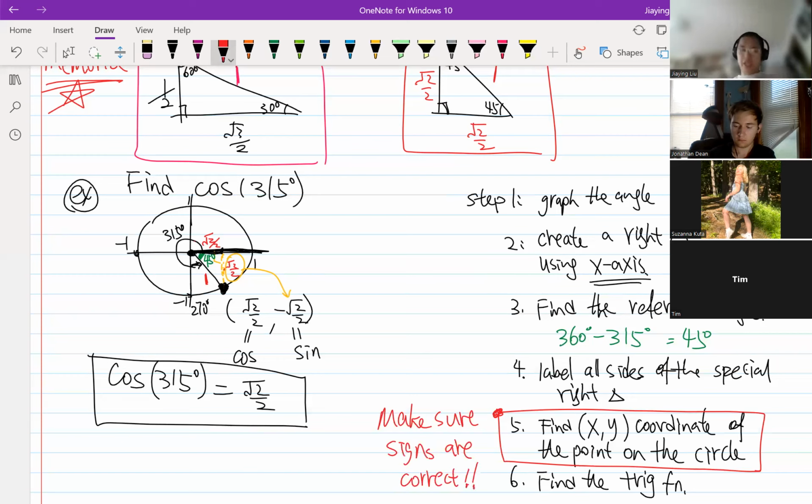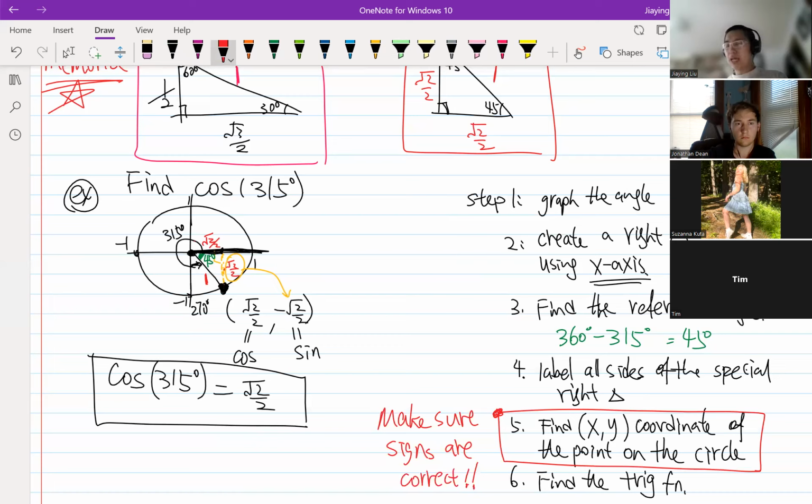If you get confused with that, all you have to do is look at: are we in the positive x-axis direction or the negative x-axis direction? Are we in the positive y-axis direction or the negative y-axis direction?